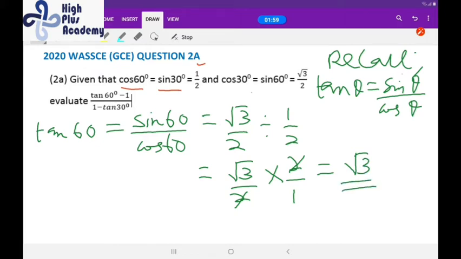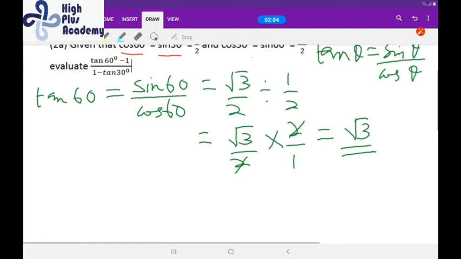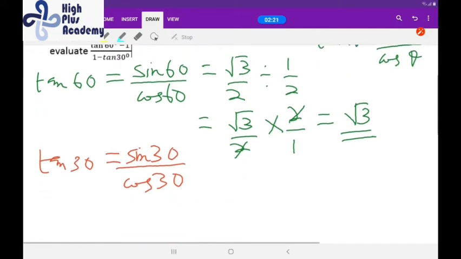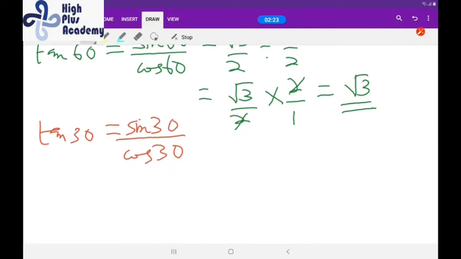Tan 30 is the inverse of tan 60, but we are still going to solve that. So tan 30, what do you think that will be? It will be sin 30 over cos 30. Very good. So what is sin 30 from what we are given in the question? Half. And cos 30 is root 3 over 2, so half divided by root 3 over 2.